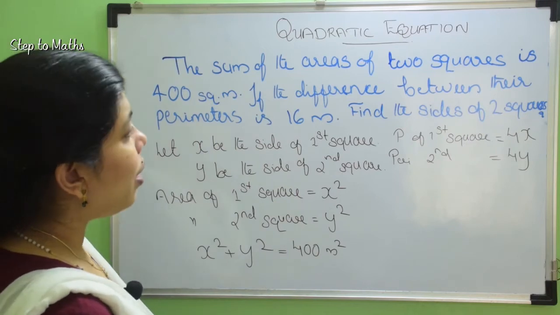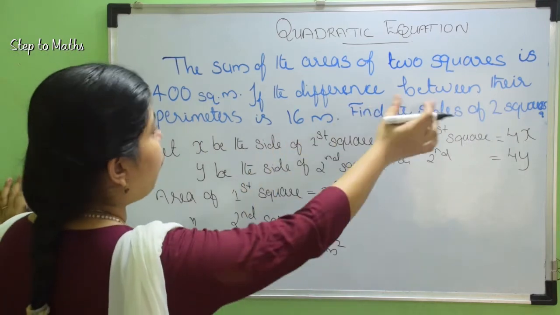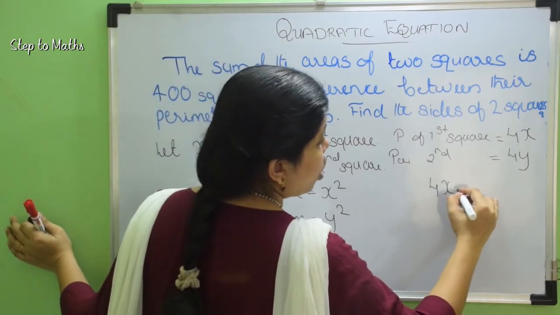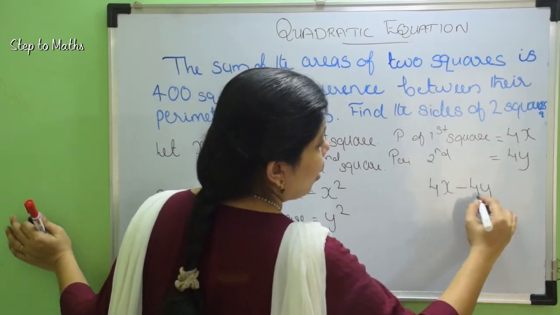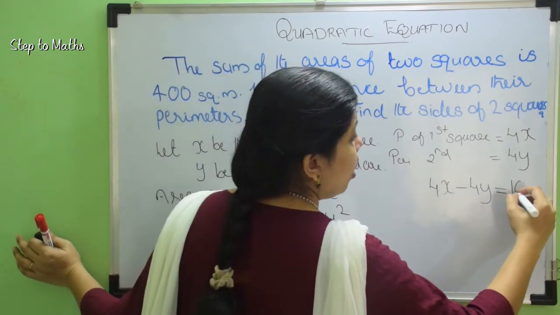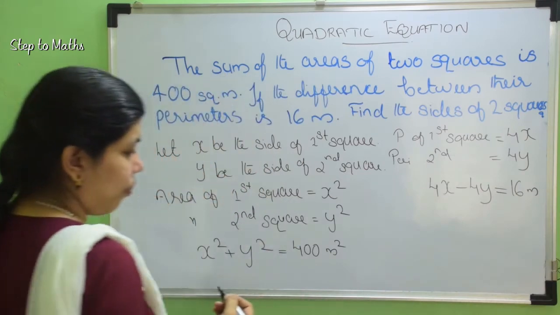According to the second condition, the difference between their perimeters, 4x minus 4y, is 16 meter.